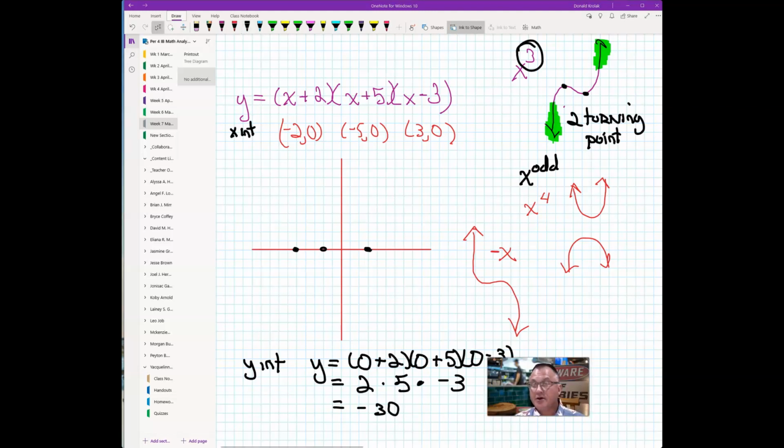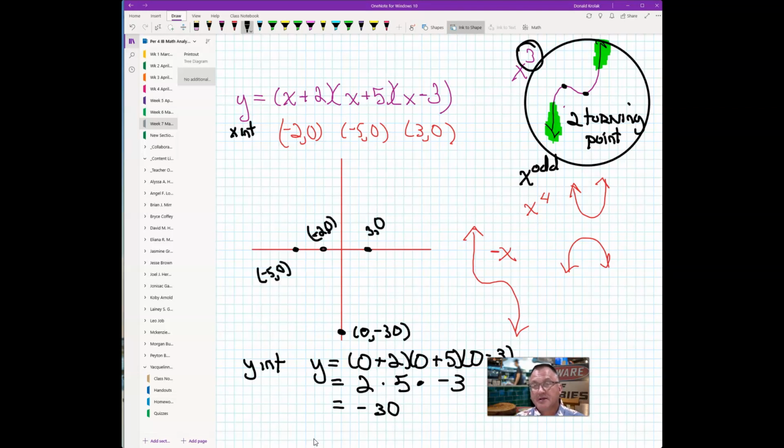Now I know that this is going to look like this graph up here, and it's going to go through negative 30. I'm not going to count out negative 30 boxes here, so this is not to scale. I'm just going to say, hey, that's negative 30. This one was our 3, 2, 0, and I'm going to sketch it so it looks like this shape up here.